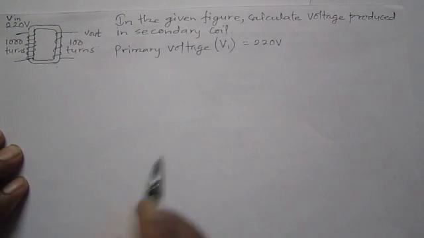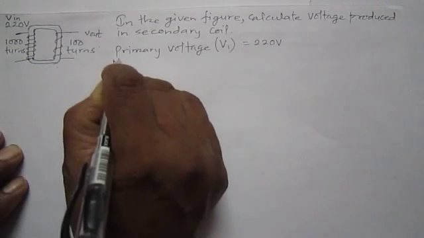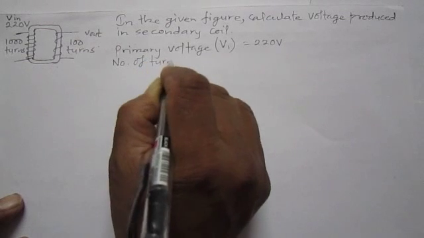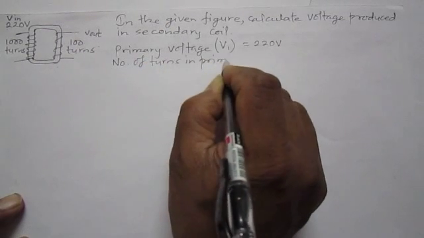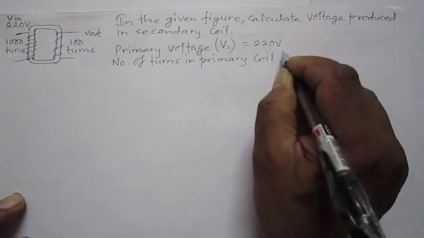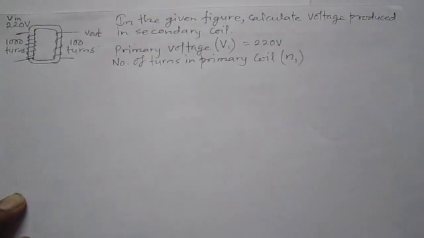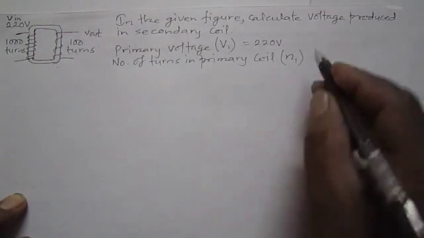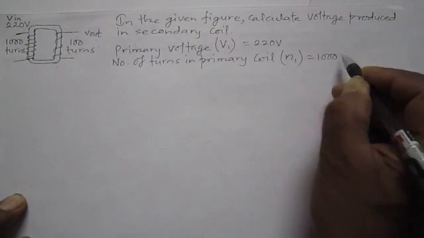In the same way, another information, the number of turns in the primary coil can be written as N1. For primary I am using 1 and for secondary I am using 2. That's why the number of turns in the primary coil is 1000.